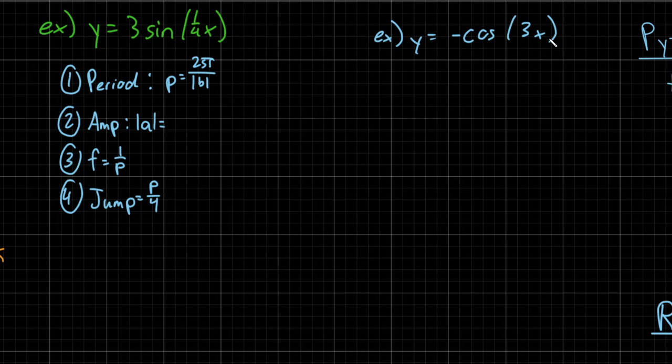So the jump in this one was what? It was period over 4, and period was, what's this? Jade, what's 2 pi over 3? It should have been period equals 2 pi over B, and always got B. Then we do 2 pi over 1/4.